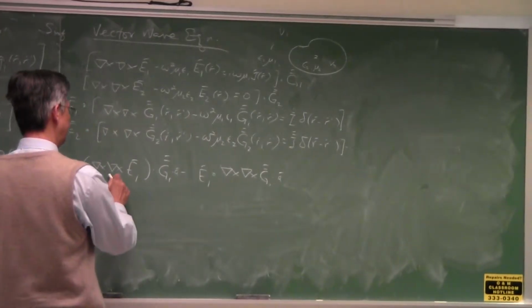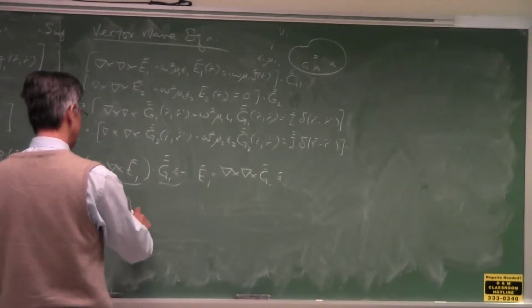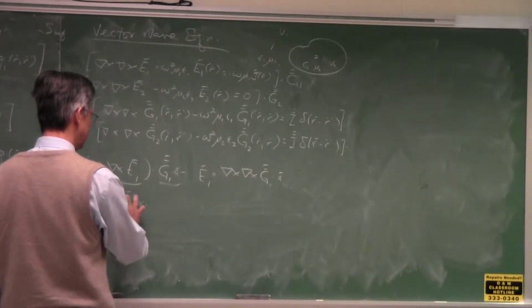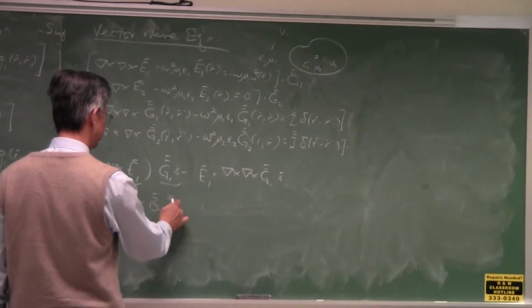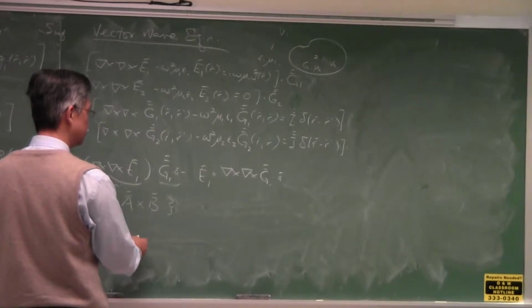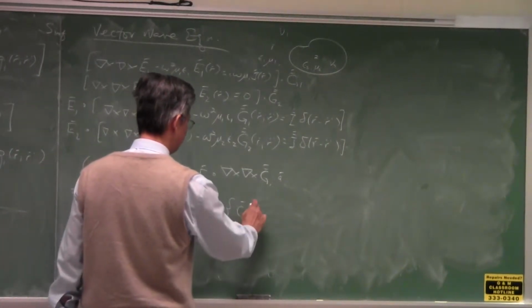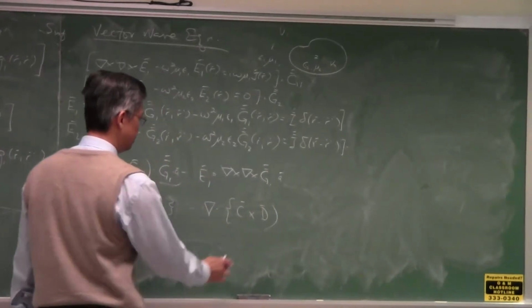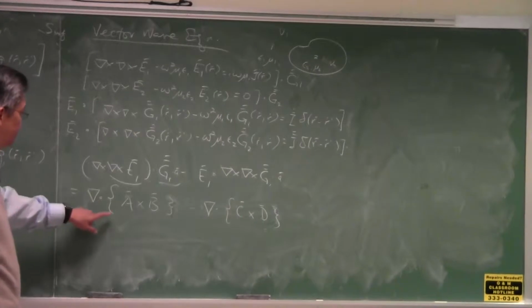This is a vector. This is a vector. So this is equal to the divergence of A cross B. You identify what A and B should be. And then this will be the divergence of maybe C cross D or something. You can identify what C and D should be.